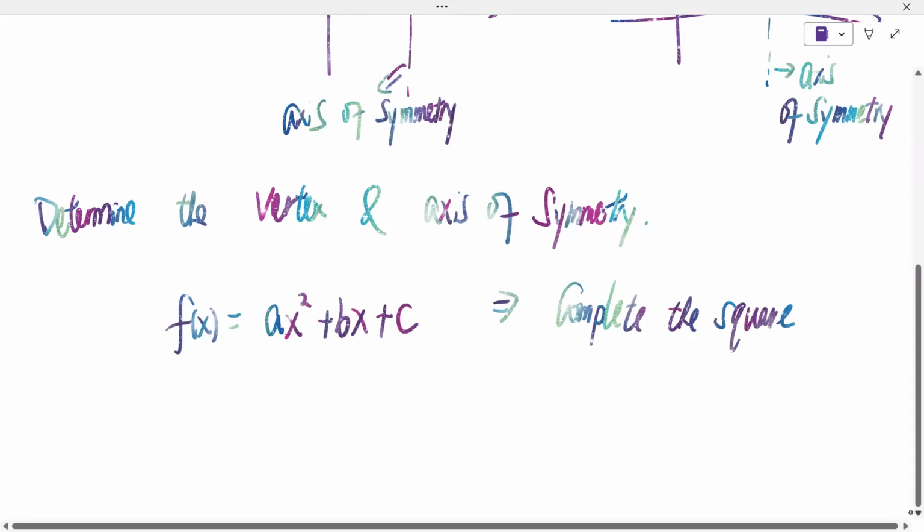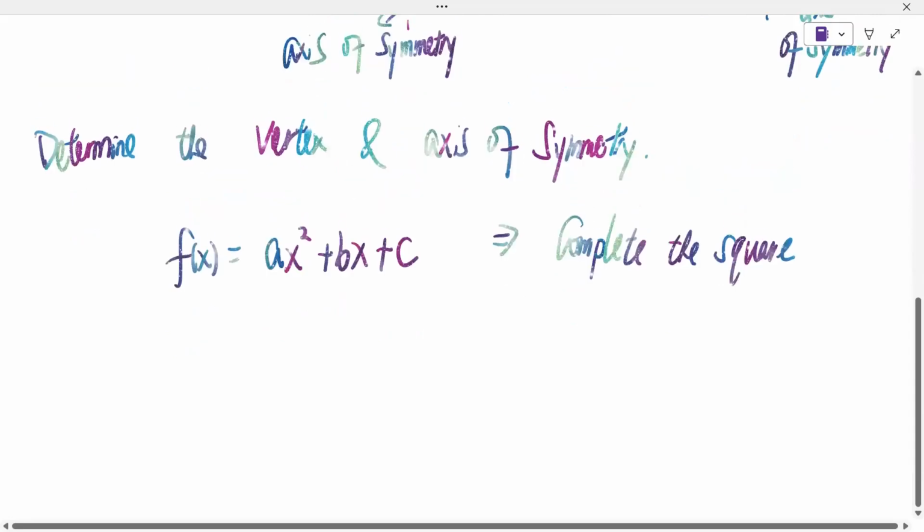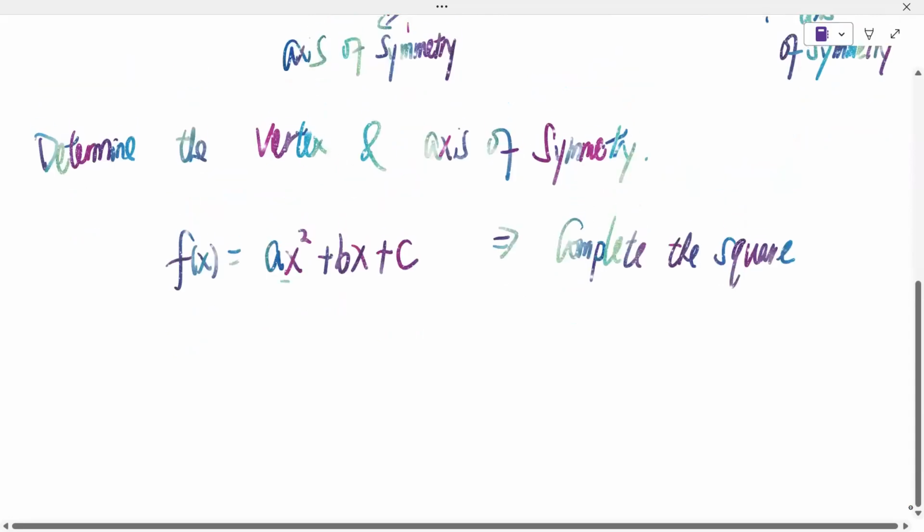So let's look at how to do that. First of all, you pick the first two terms, and then factor out the a. Now inside the parentheses, we get x squared plus b over a x. Now I'm going to leave some space here for the c. So now we're going to need a third term because it's a square, right?